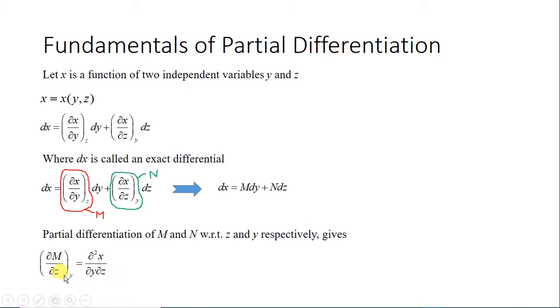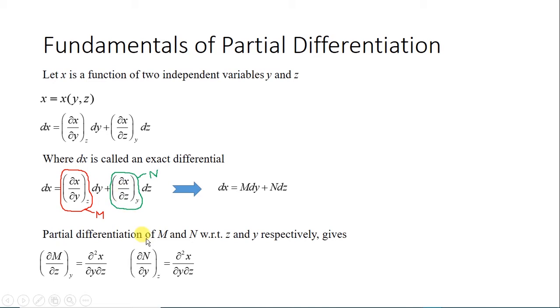Similarly, when you partially differentiate N, this is N, so dou N by dou y when z is constant, what can you write? When you differentiate it with respect to y, what will you get?